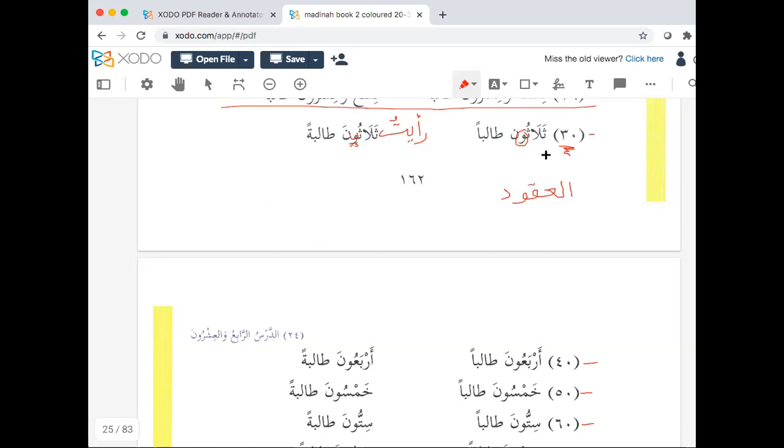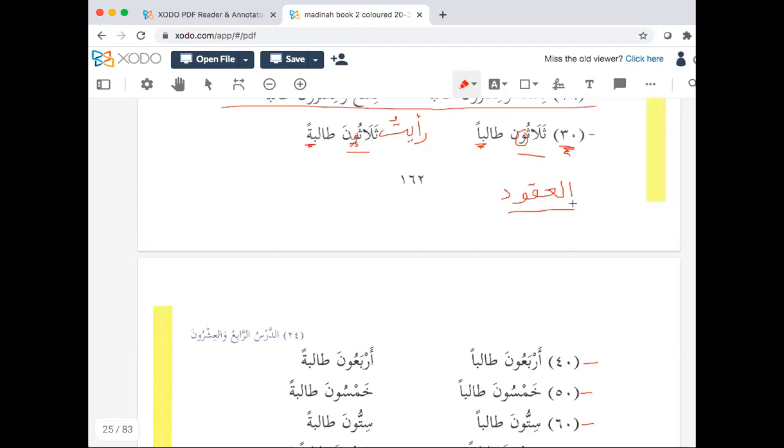So the point is that this is still mudhakkar. Whether the ma'dood is mudhakkar or mu'annath, the adad stays the same. It doesn't change. There's no mu'annath form of al-uqud. All of them are in Jam' Mudhakkar Salim form.